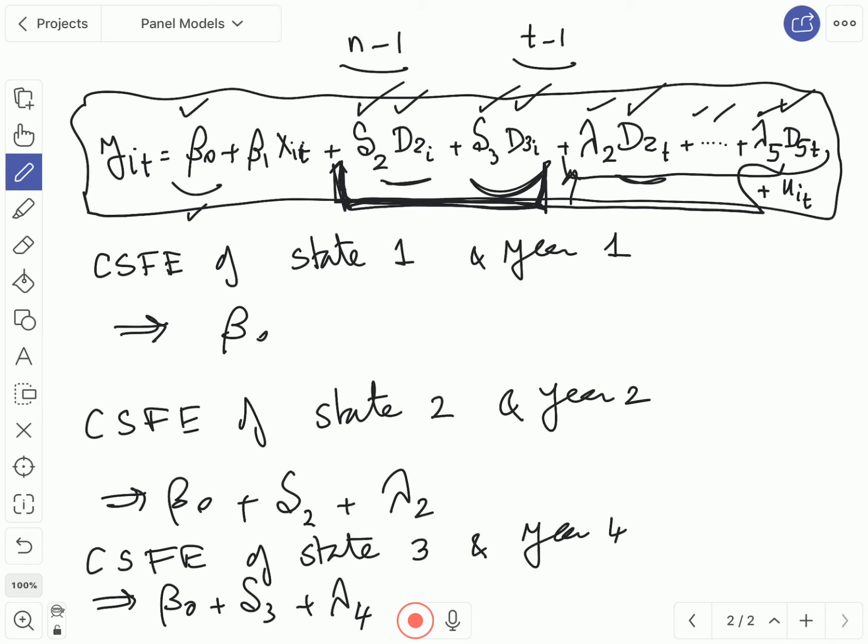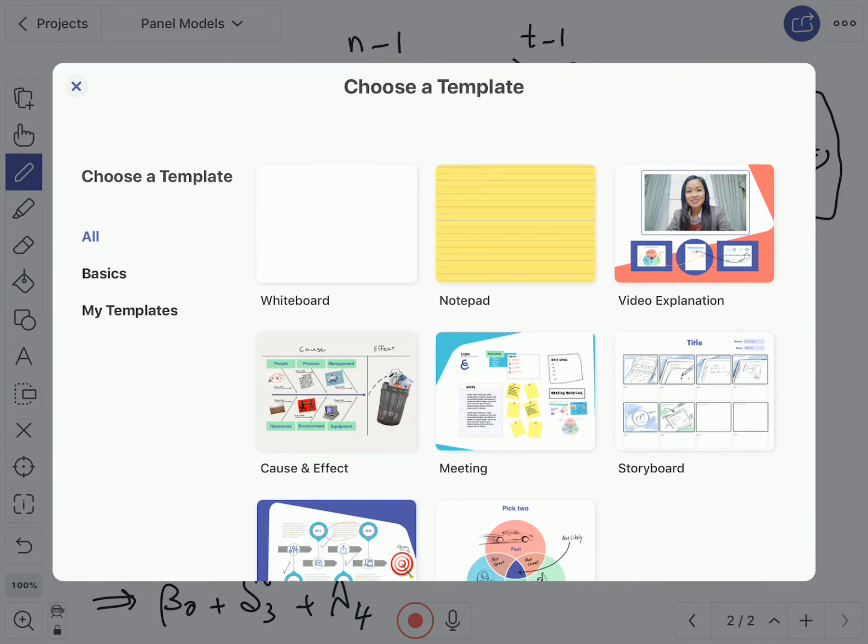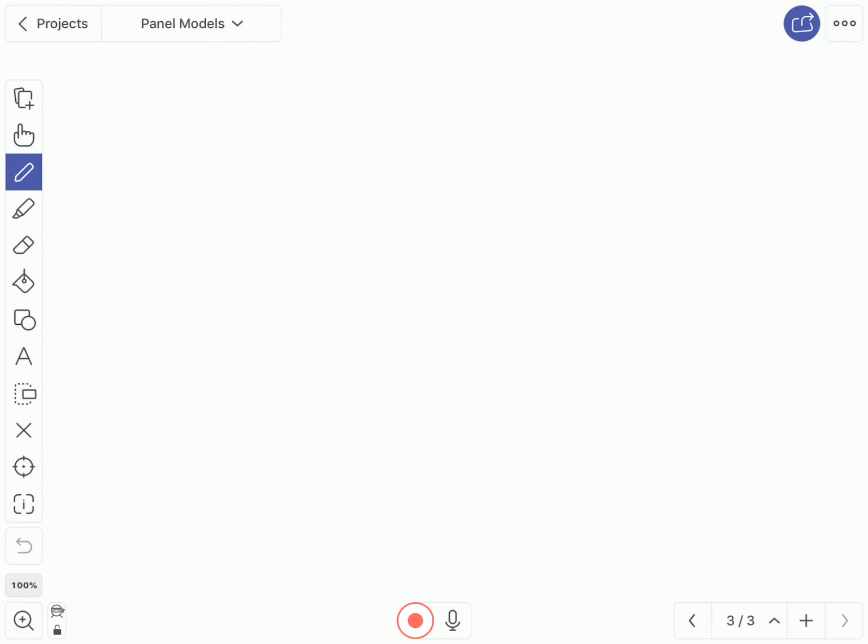So in the next video, I'm going to discuss an example on the fatality rate. I'm going to be talking about the number of deaths on a highway, which is the fatality rate, and how this number of deaths is affected by a list of factors.